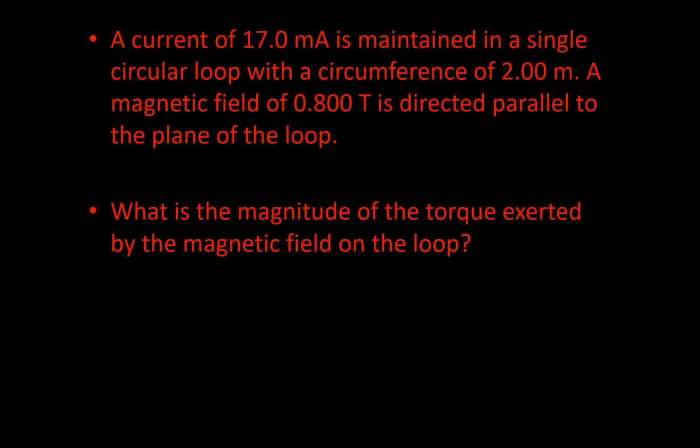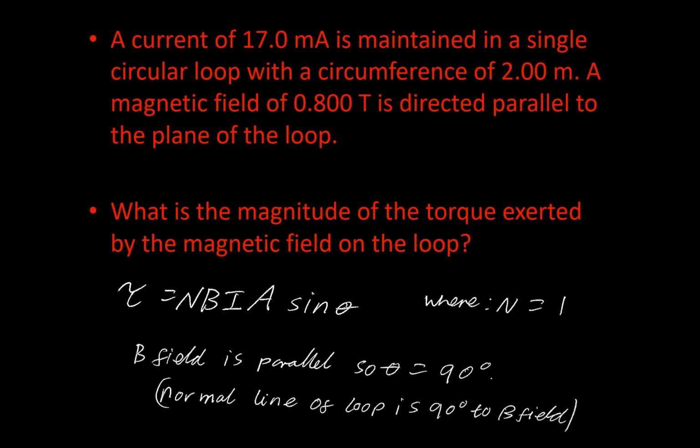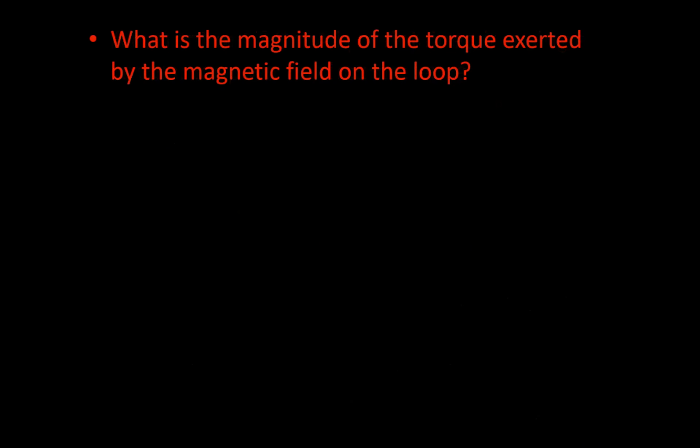Well, torque exerted by a magnetic field should be immediately NIAB sine theta. We can throw N away as being 1. The magnetic field is parallel, so theta is 90 here. So what is the magnitude of the torque exerted on the loop?